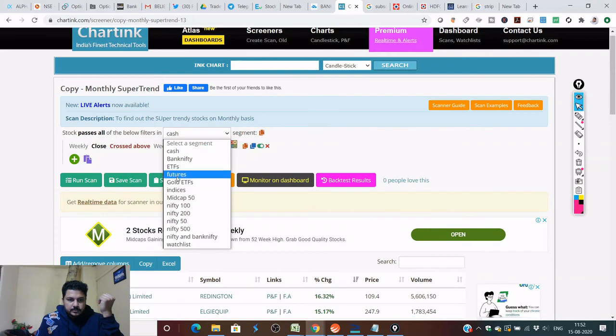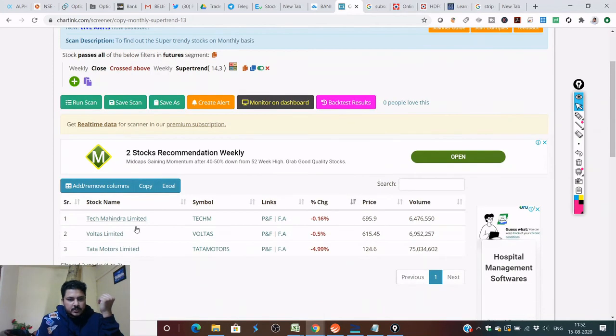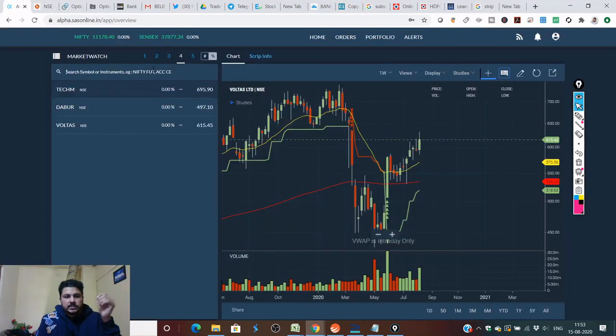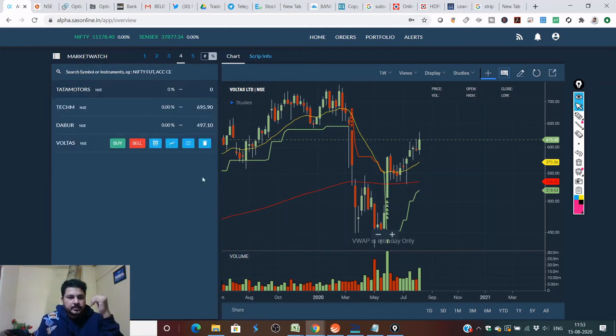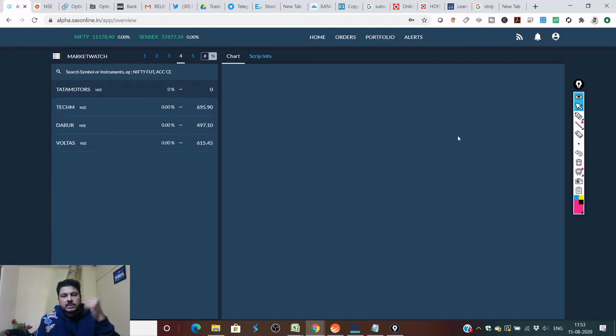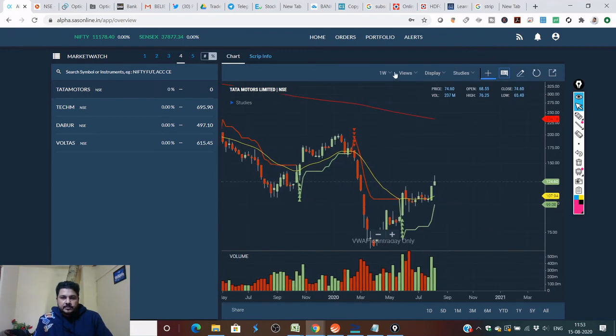In futures we can see only these three, which we have already identified. No, there is one more, which is Tata Motors. So let's see Tata Motors. Let's add Tata Motors here and see the chart on a weekly time frame.